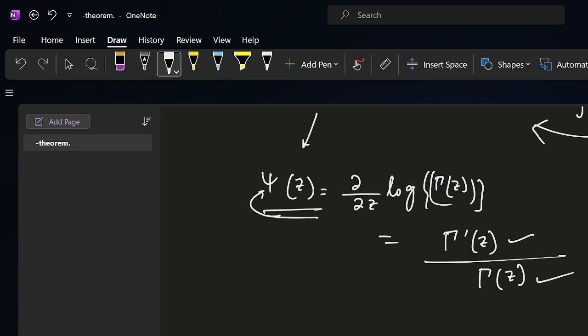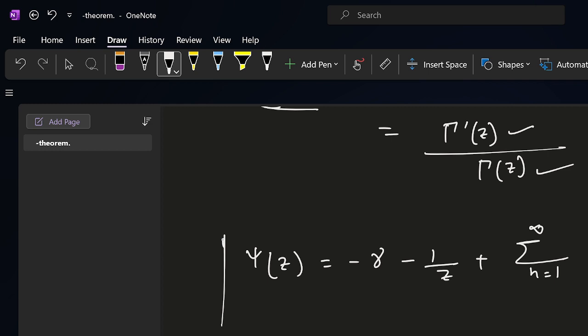Okay, so the first thing that you need to know is that psi z can be expressed as minus gamma, where this gamma is a constant value, minus 1 by z plus summation over n equal to 1 to infinity of 1 by n minus 1 by n plus z.